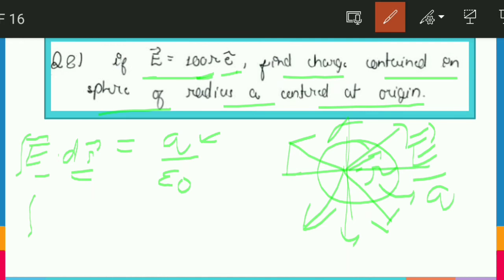It will be equal to 100, and the radius is a, so r will be replaced by a, and ds vector. So just integrating, this is constant, and the RHS will be just q upon epsilon 0.